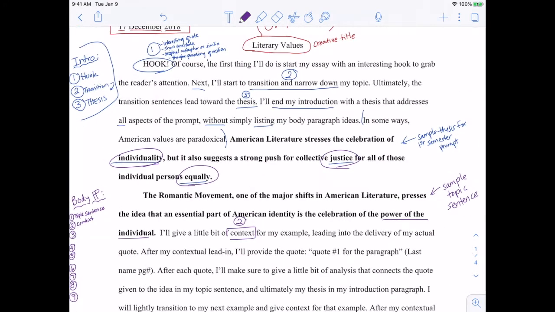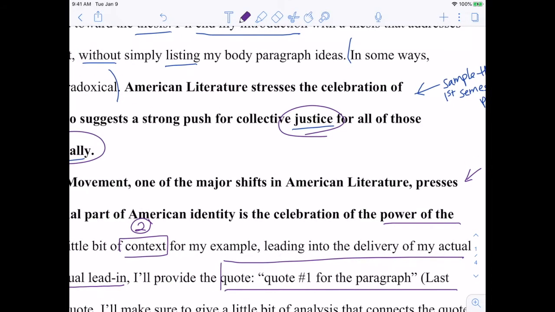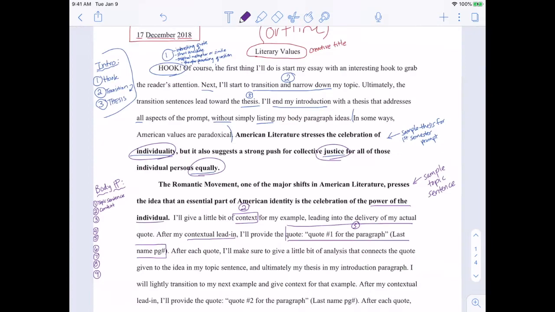Okay? After my contextual lead-in, okay, I'll provide the quote, and then it would be something like, hey, quote number 1 for the paragraph. And that's the third thing you need, which is an actual example.